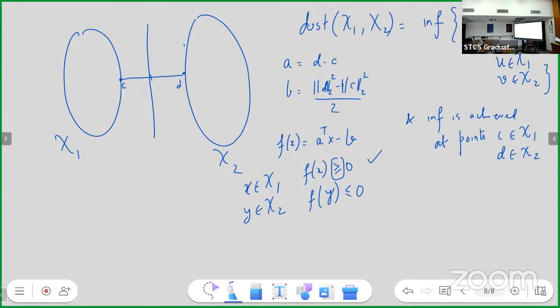Okay, so what will be the strategy? If I want to show that for all x belonging to X1, f of x should evaluate to either greater than 0 or less than 0, it's simply one sign. That's what I want. What should I do for that? And remember, we use the convex example.